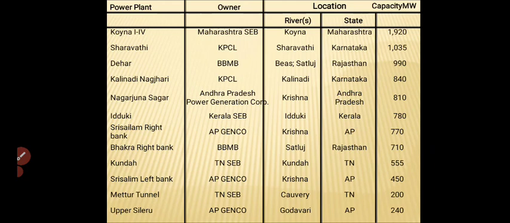The seventh one is Srisailam right bank, located in Andhra Pradesh on the Krishna river, with a capacity of 770 megawatts.